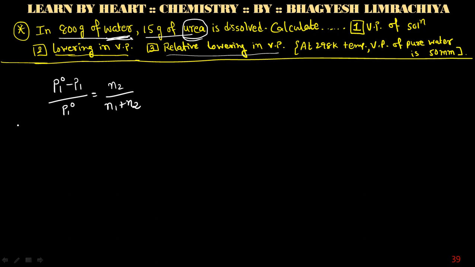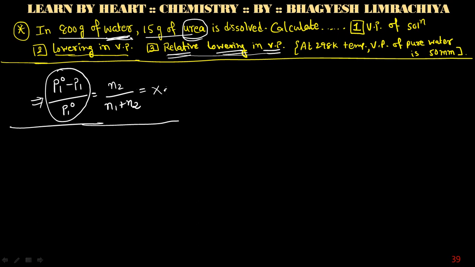Now first you are asked the relative lowering in vapor pressure. It means you are asked this whole term. On the other side what is given is N2 upon N1 plus N2. In short, it is the mole fraction of solute.